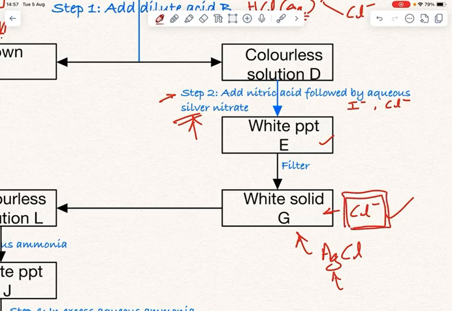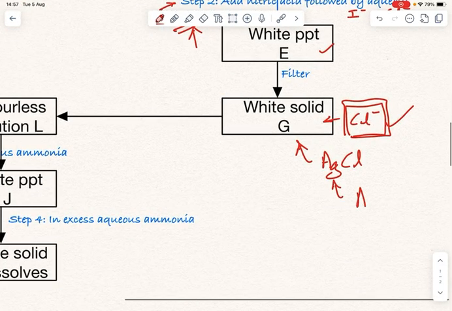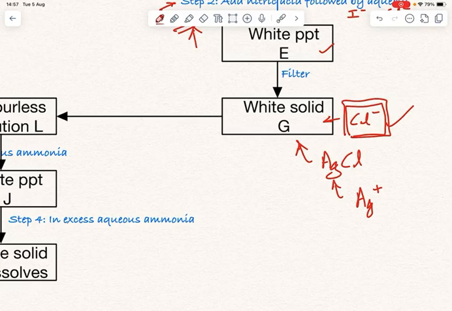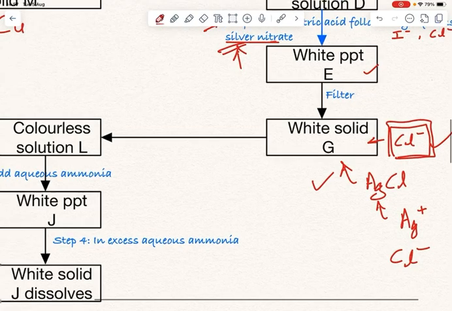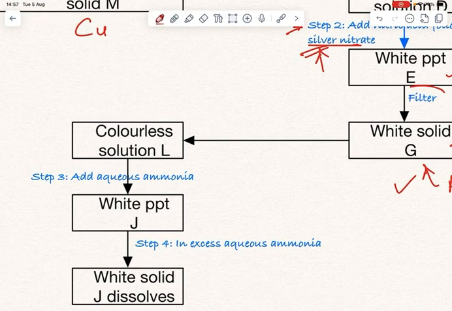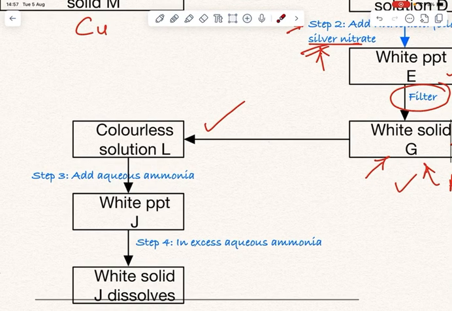The Ag plus comes from your silver nitrate, and the Cl minus comes from your acid. That will be your solid G. When we filter, we get the dry solid G and the colorless solution L.